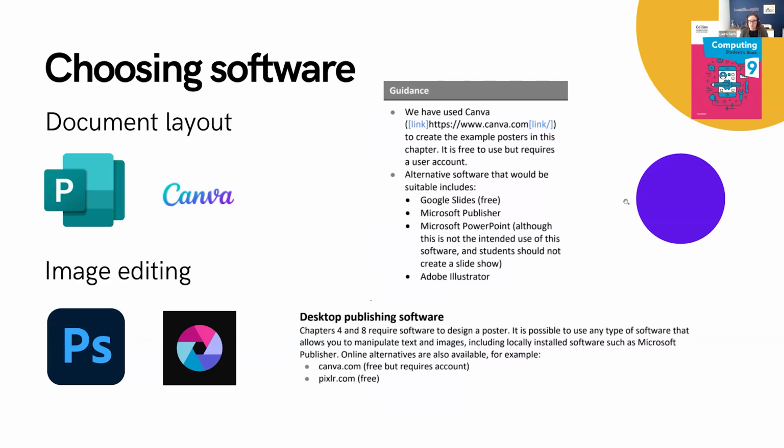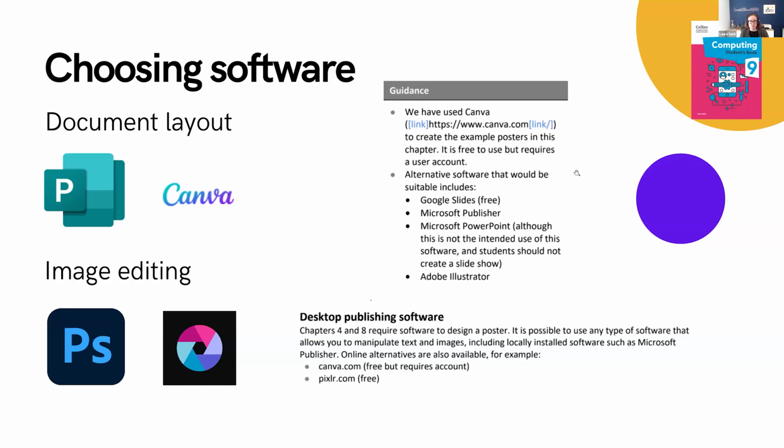And when I was writing these, I thought quite carefully about making sure that all of the activities are available to everybody. So it's possible to do the activities without having to pay for a specific piece of expensive software. So you may not have Microsoft Publisher, that's fine. You could use Canva, you could use Google Slides, you could use PowerPoint.